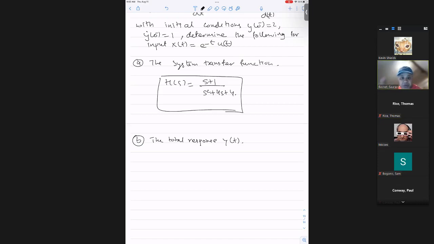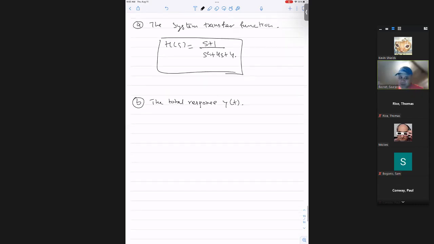Because it will directly find your time-domain response. You don't have to find zero input and zero state and then find y(t). So whenever I ask for the total response y(t), just use S domain. And if you know how to find the total response, from there you can also find zero state and zero input, as I did in class.